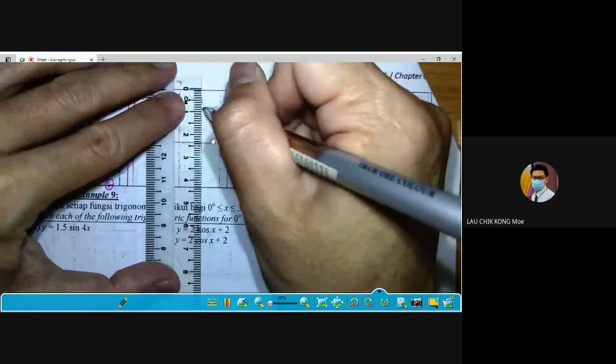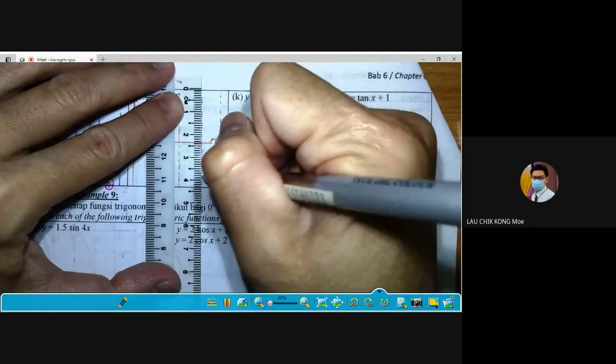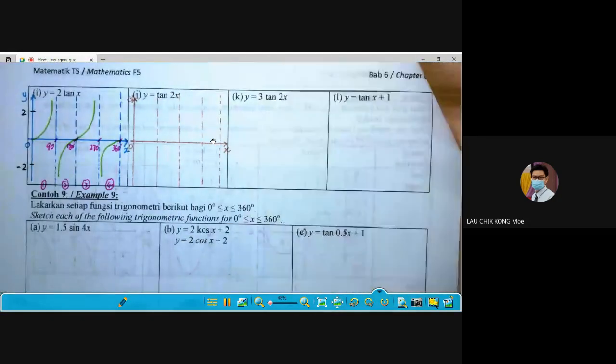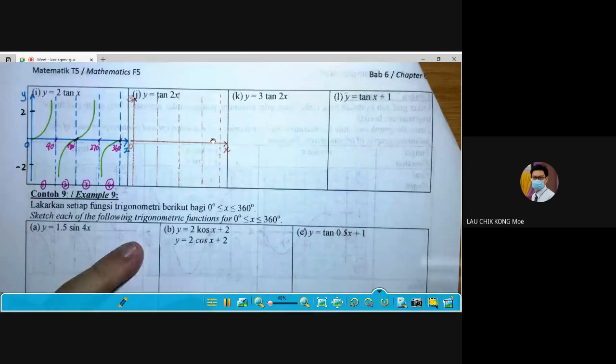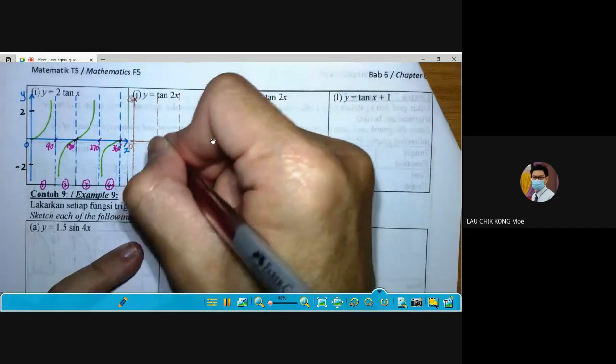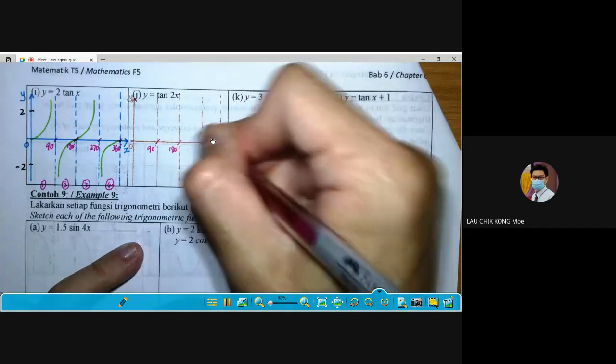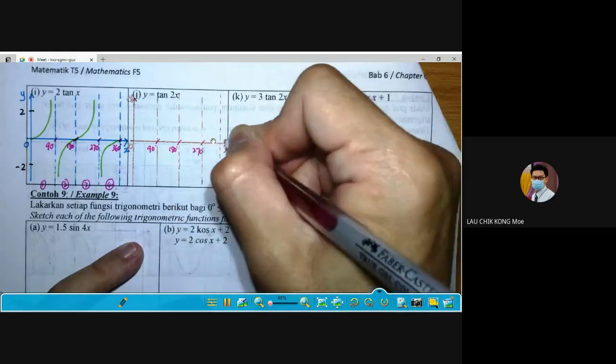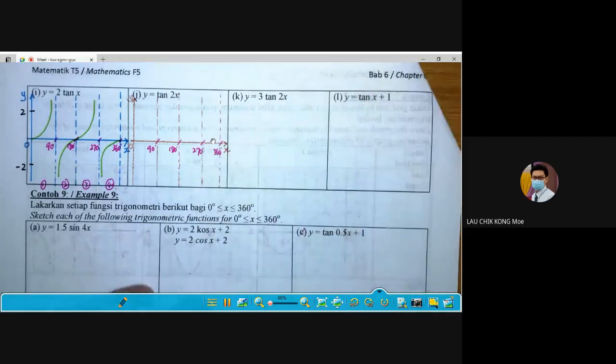Agak-agak lah lebih kurang. Kalau tengok, division saya punya column is quite uniform. 90, 180, 270, 360.